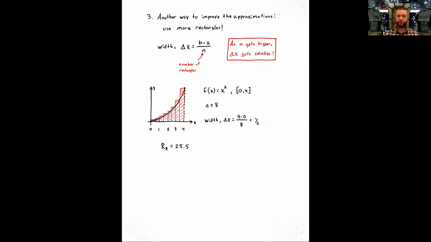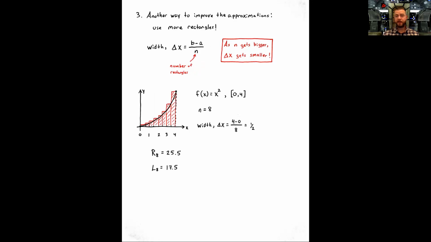Just so you see your right endpoints, your first right endpoint would be 1/2, then 1, then 1.5, then 2, all the way up to your last right endpoint. Your last subinterval is from 3.5 to 4, so 4 would be your last right endpoint. Plug all those right endpoints into x squared and multiply by your new width, 1/2, and you should get this right endpoint approximation using 8 rectangles.